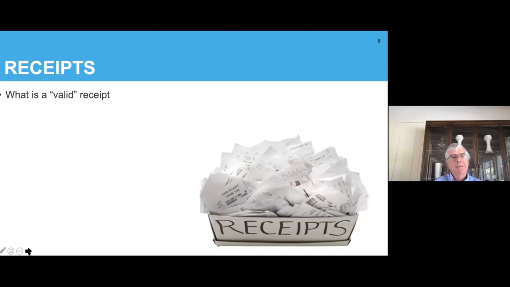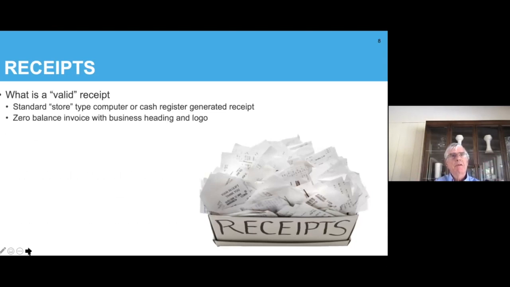So receipts. What's a valid receipt? I don't think this first bullet probably needs too much explanation. Anything that you get from the computer or from the store that was generated as a receipt is acceptable. Zero balance invoices with a business letterhead.